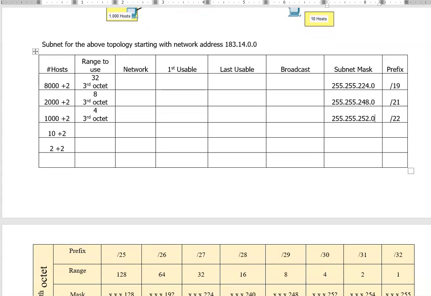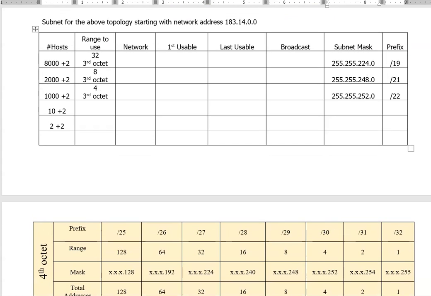Now we're in more familiar territory, 10 hosts. Add 2, we get 12. We need a range of 16 in the fourth octet. The prefix is 28, and the subnet mask is 255.255.255.240.